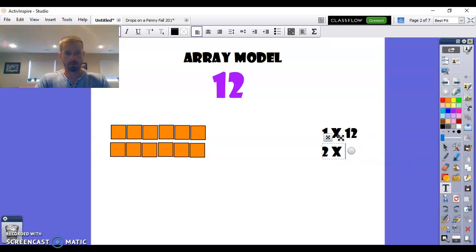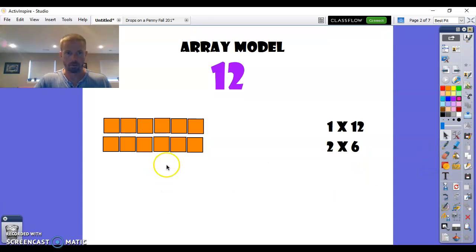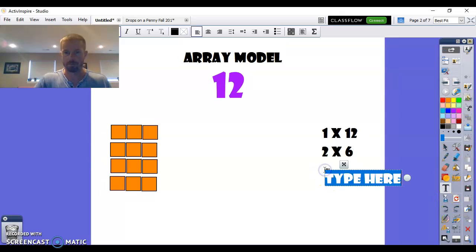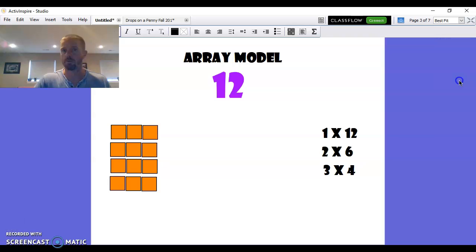Now the next set of factors we can find would be 3 times 4, because now we have 3 rows with 4 in each. Okay, so then the factors for 12 would be 1, 2, 3, 4, 6, and 12.